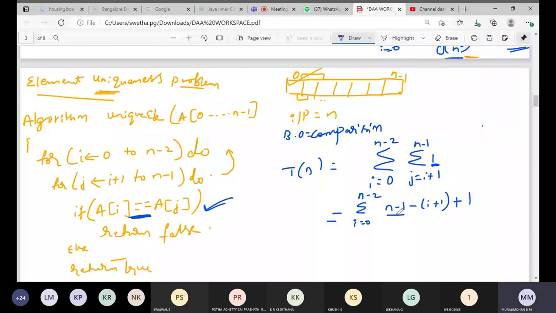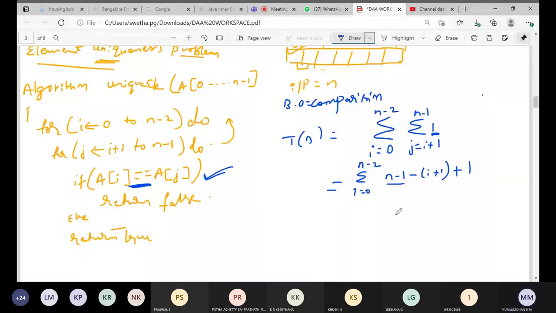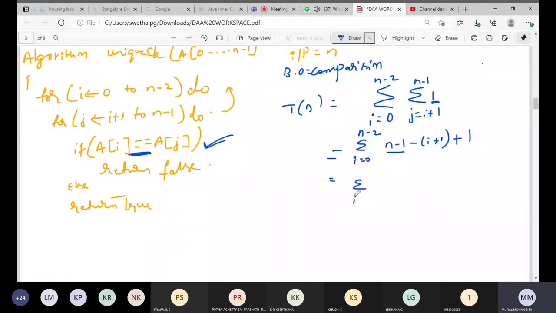Now if we solve this, what we will get? This as it is, I will get I is equal to 0 to n minus 2, so n minus 1 minus I minus 1 plus 1. Is this right?